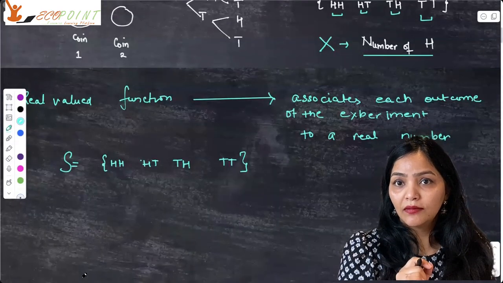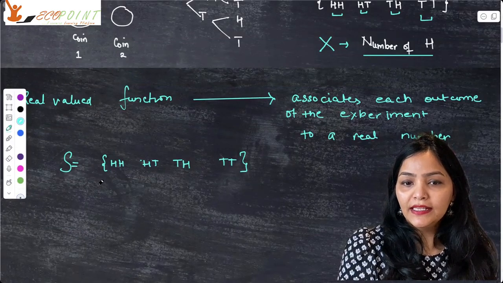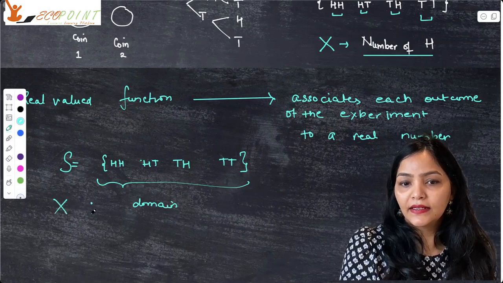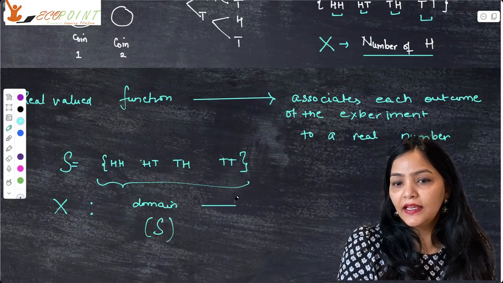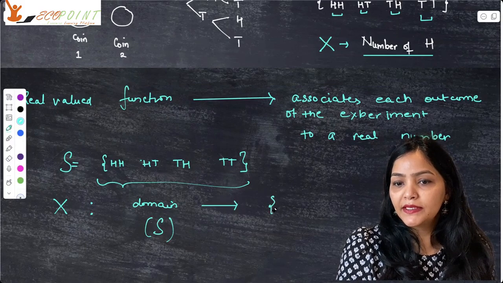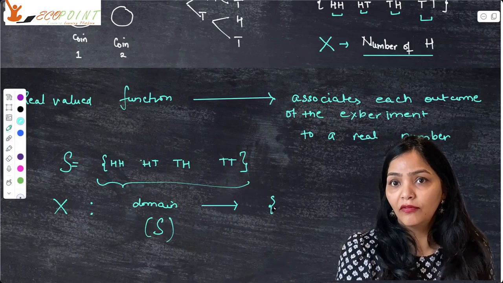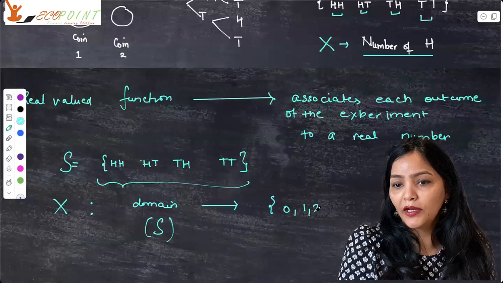Now each outcome is associated to a number, right? So this is the domain of the random variable. X is the random variable with the domain as your sample space, and it is taking this sample space to a range which consists of real numbers. In this case, it consists of 0, 1, 2.